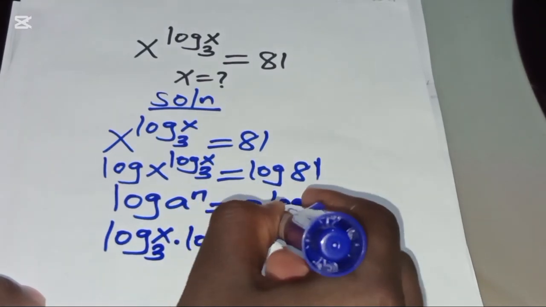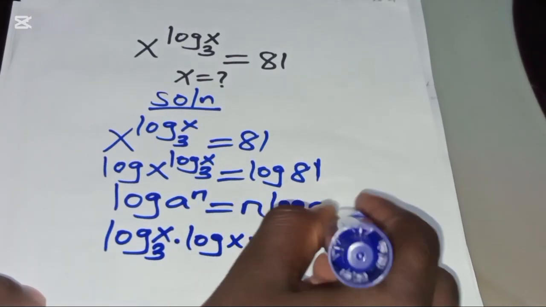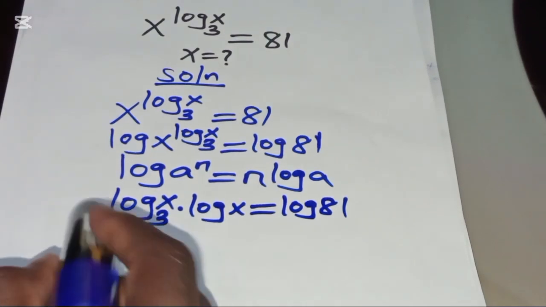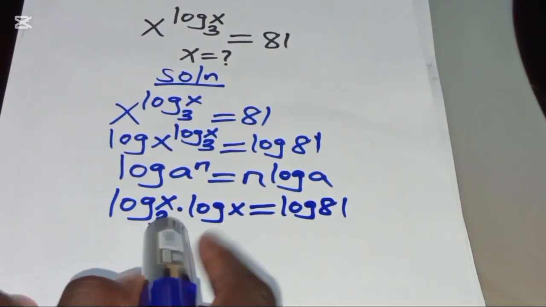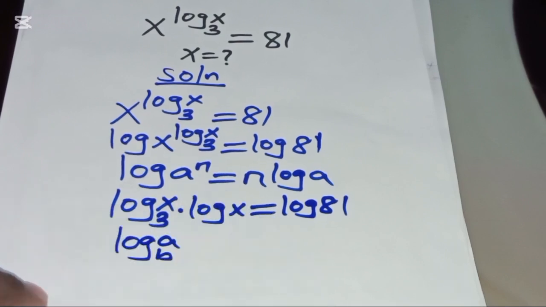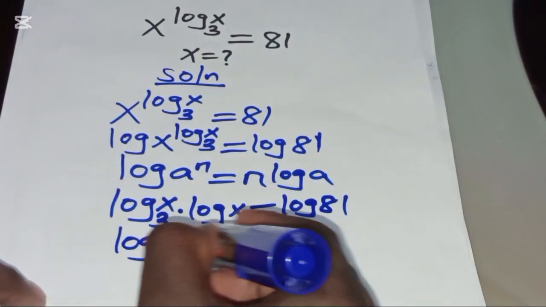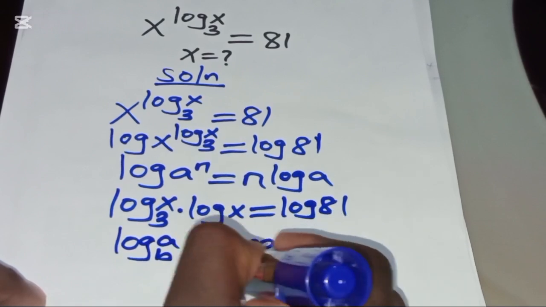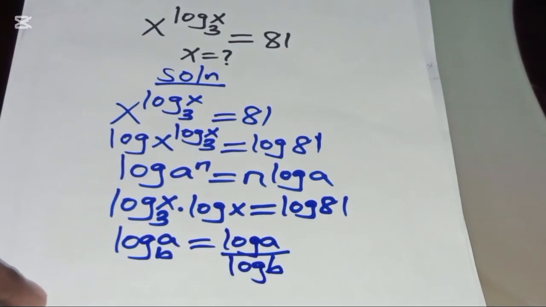Now from here, log x to base 3 is in the form of log a to base b, which we can express as log a divided by log b.